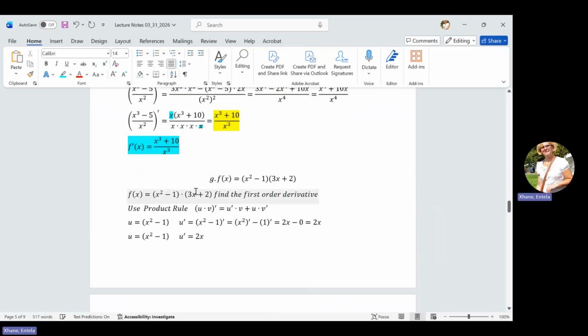And then once again, you notice that since f of x represents the expression, I won't be able to use the same product rule.